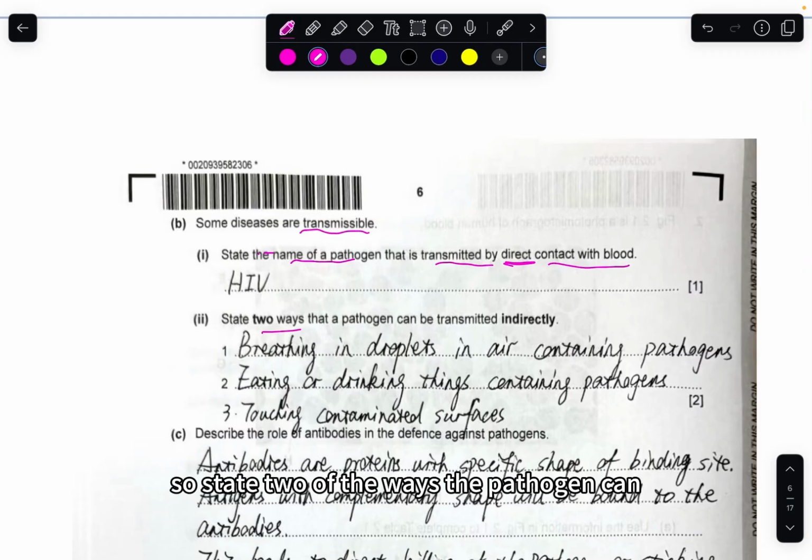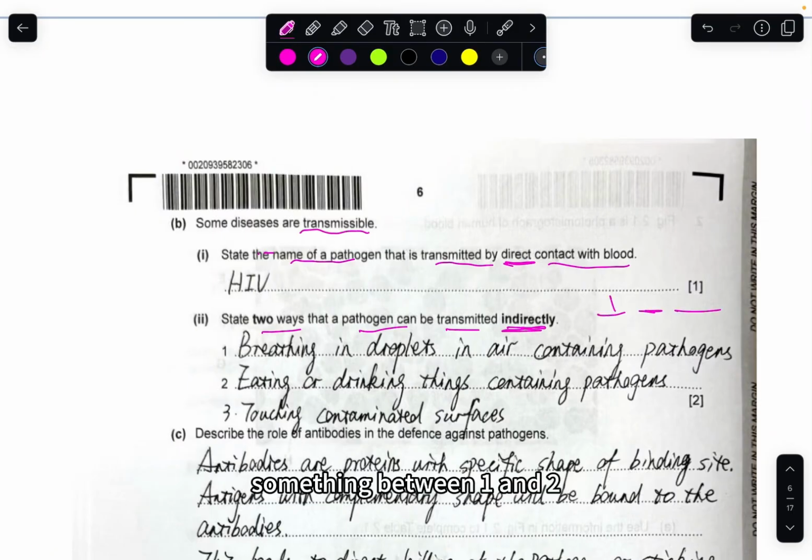State two other ways the pathogen can transmit indirectly. When we say indirectly, it means there is something between one and two. So indirectly, there is food, contaminated water, or droplets in the air.